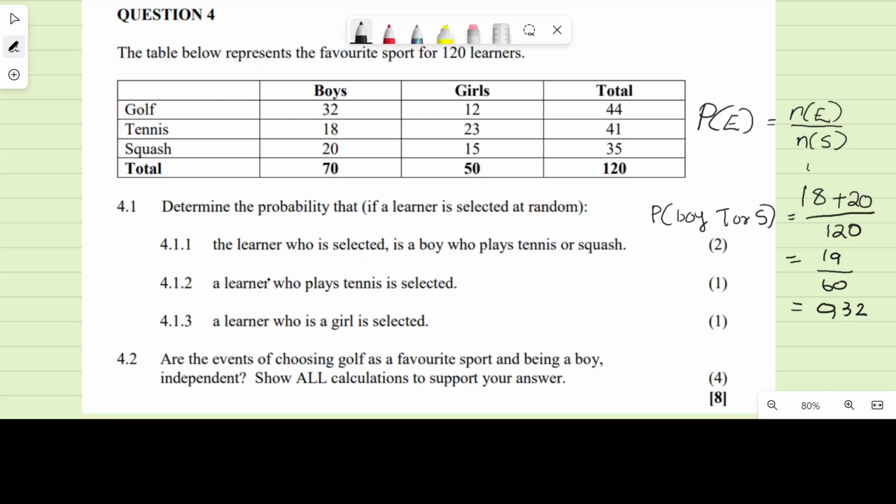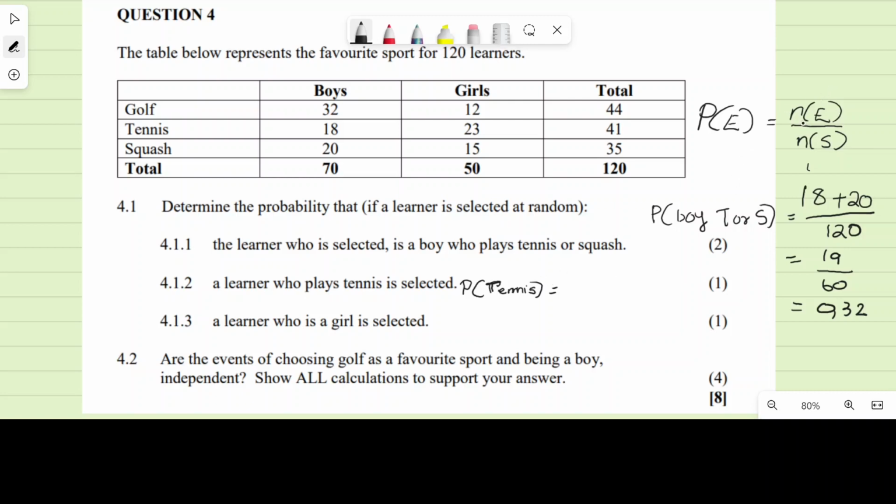Now, determine the probability that a learner who plays tennis is selected. It doesn't say boy or girl, just a learner who plays tennis.